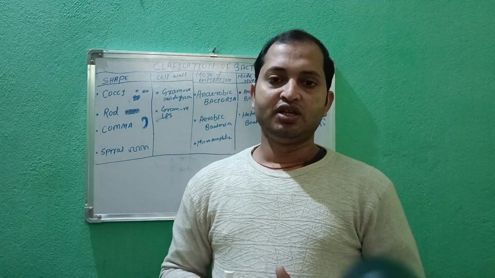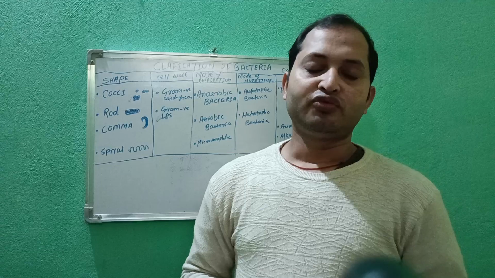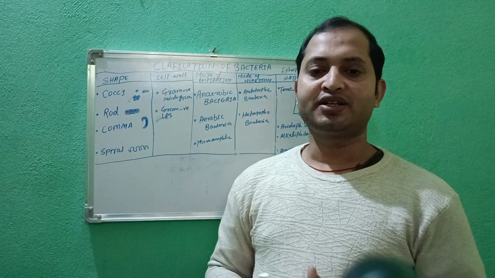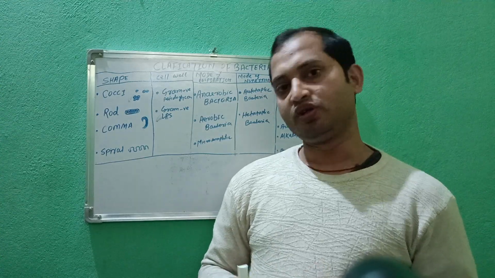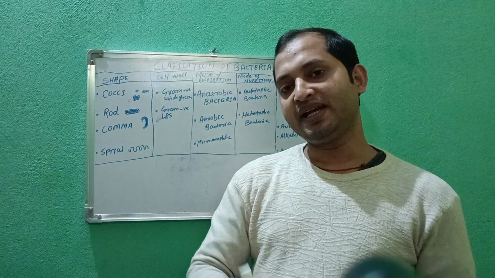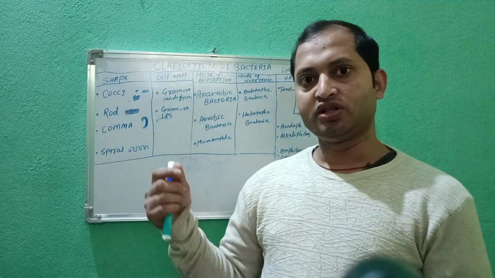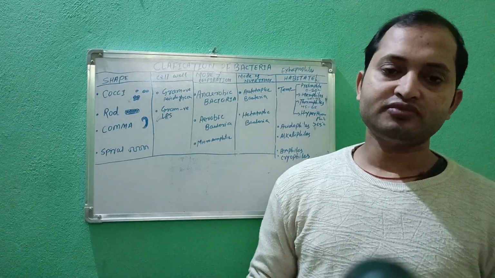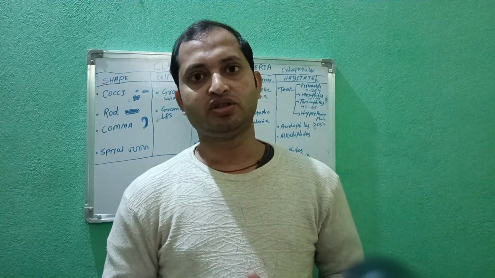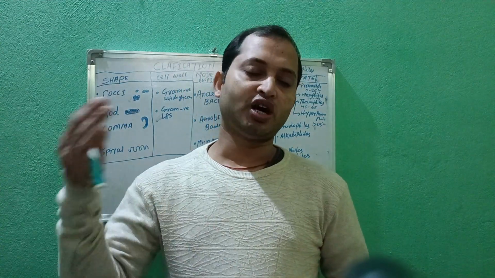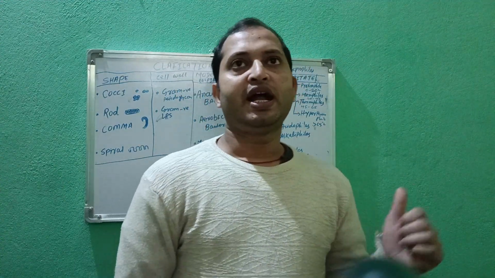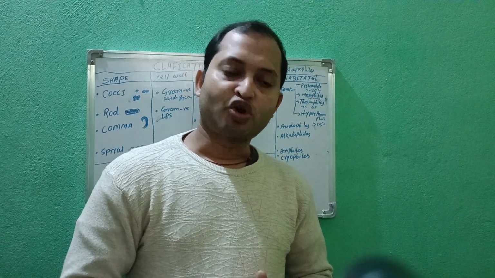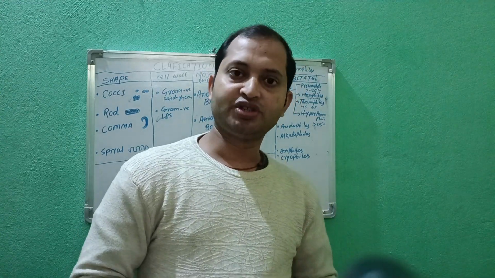Autotrophic bacteria can make food by themselves. The best example is cyanobacteria, which have chlorophyll molecules in the body and can make food themselves. Heterotrophic bacteria cannot make food themselves and depend on other organisms. All disease-causing bacteria are heterotrophic, for example Mycobacterium tuberculosis and Escherichia coli.